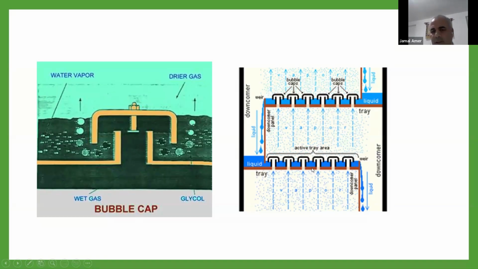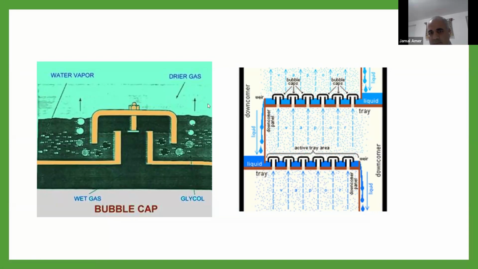That means glycol will go through this cap. If it's a different type of tray, like a sieve tray, and we lose the level, or we have very low gas flow, what will happen? It will cause a problem called weeping.